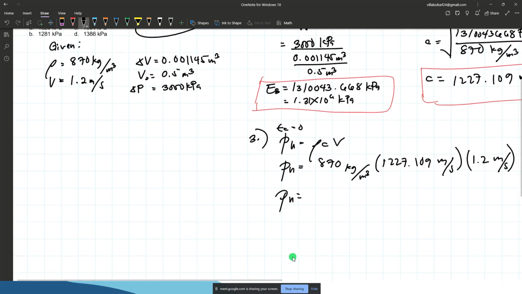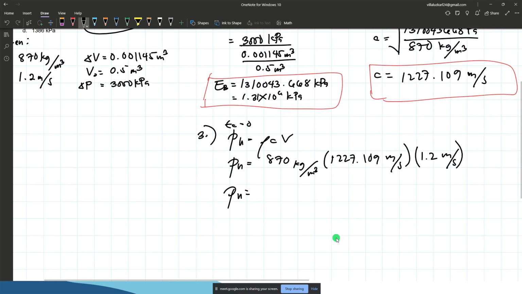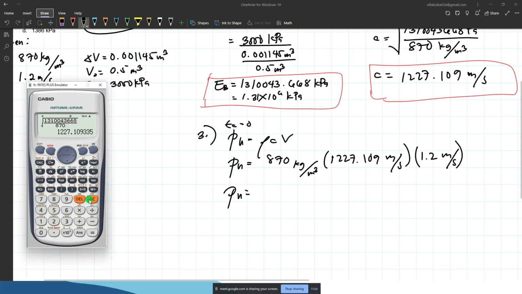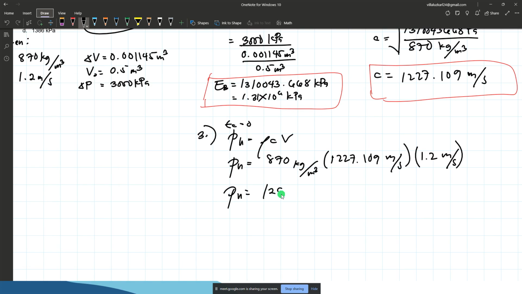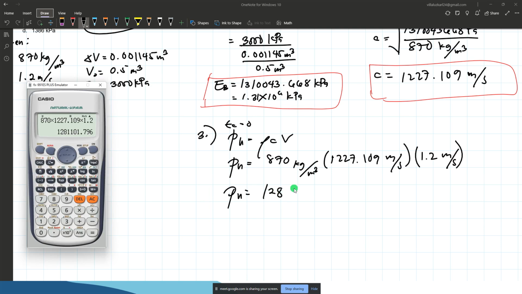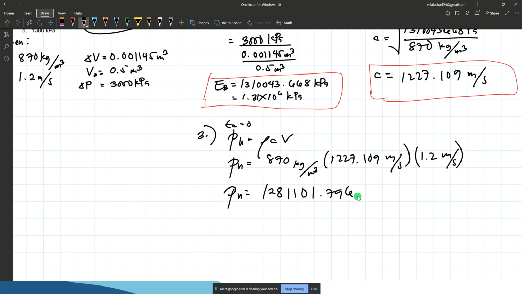So the answer is 1,281,101.796. The equivalent unit that we are going to have here is in Pascal.